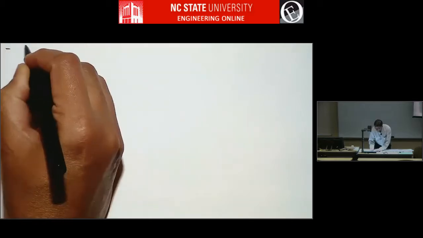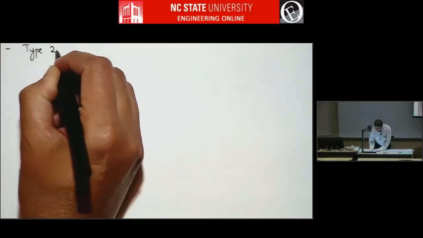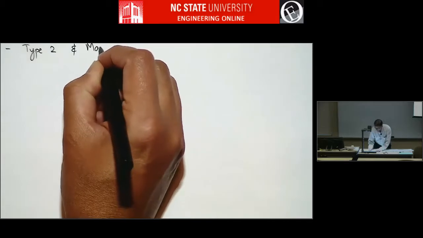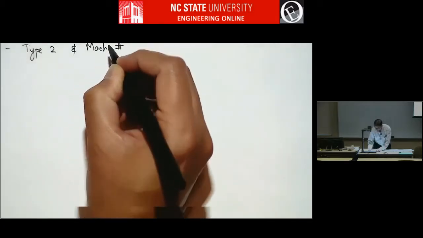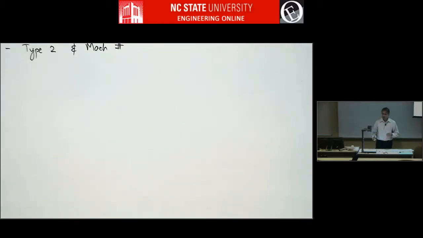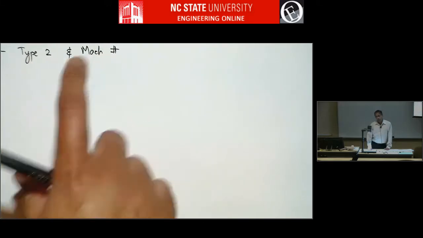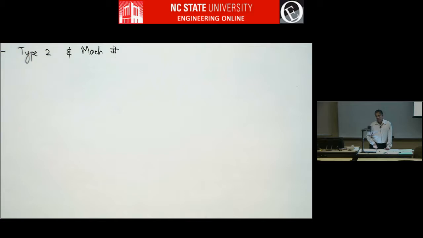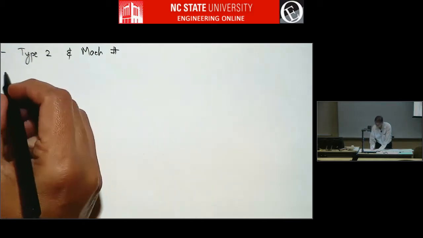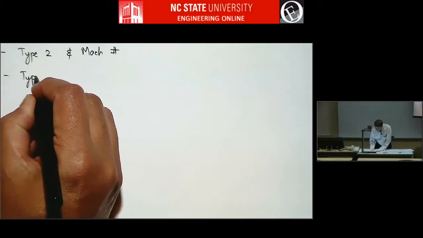So type 2 and Mach number. Well, we'll be talking about type 2 now. Do you have a specific question on Mach number? If it's not specified, should we just go with 0? Yes. Okay. So type 2 will be discussed now.